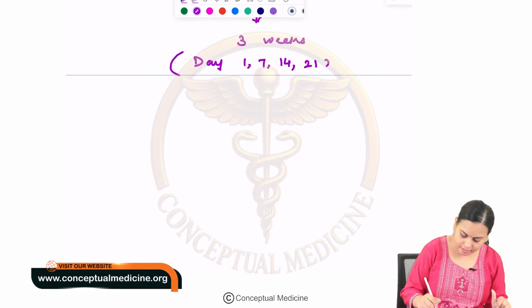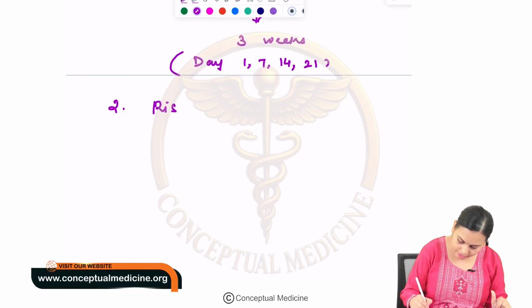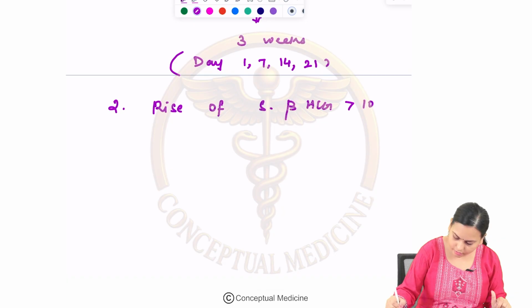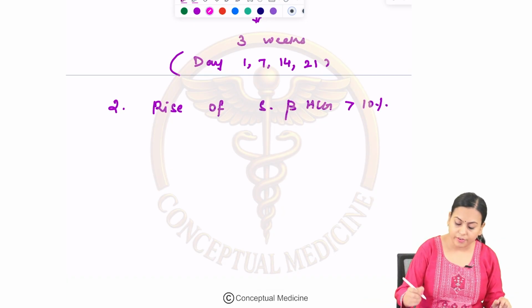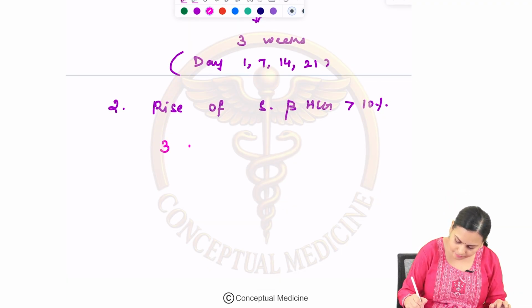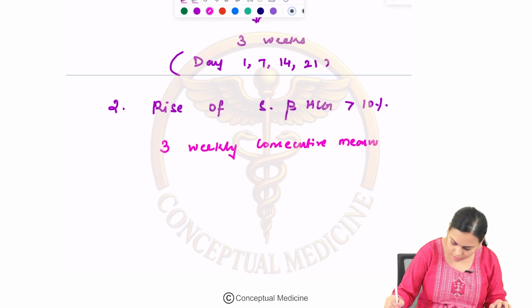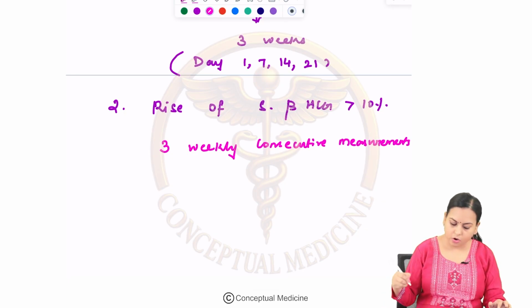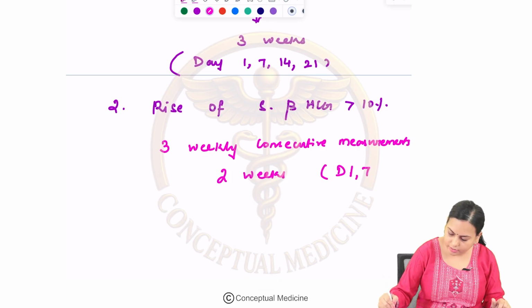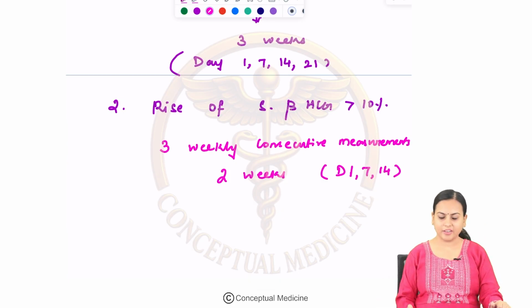So, the second criteria, the rise of serum β-hCG is more than 10% when you measure during any of 3 weekly consecutive measurements or any time longer than 2 weeks, say days 1, 7 and 14, clear?